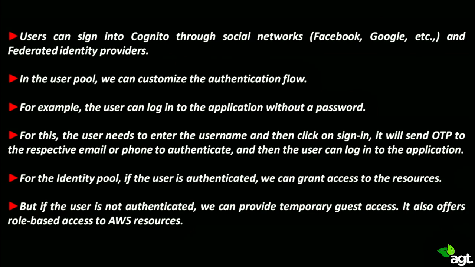This is the major diagram. First the user signs in to the user pool, and once the authentication is successful, the user receives the user pool token, and with the help of the identity pool the application exchanges the token for AWS credentials. Now the user can use these AWS credentials to access the AWS resources.